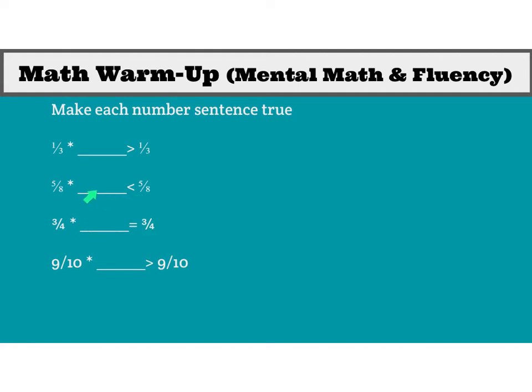So we need a fraction less than 1 here. For the third one, we need any fraction equal to 1 because of our symbol here, equal. And the last but not least, we need a fraction greater than 1 because of the greater than symbol here.